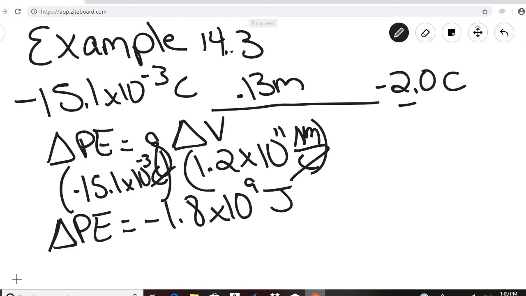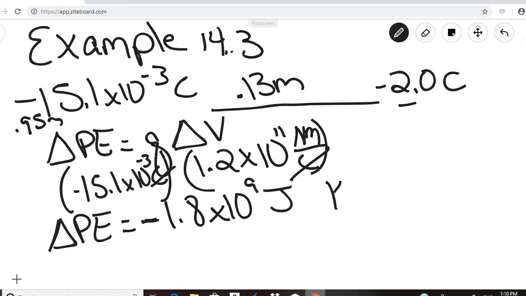So what does that mean? Potential energy is negative, which means that it decreased 1.8 times 10 to the 9th joules by the time this charge was 0.95 meters away from the other charge. Well, what does that mean?